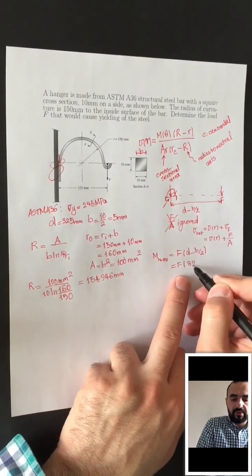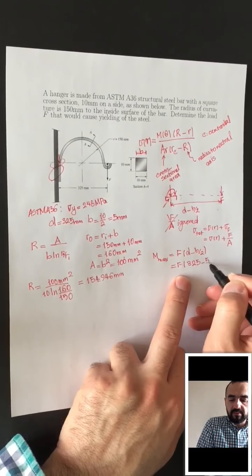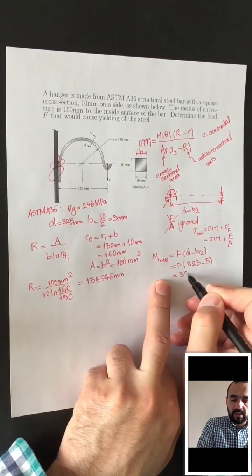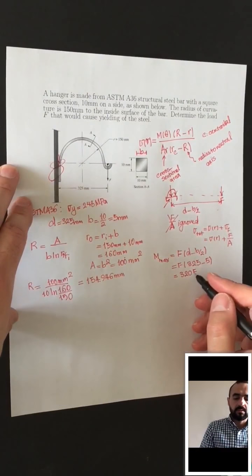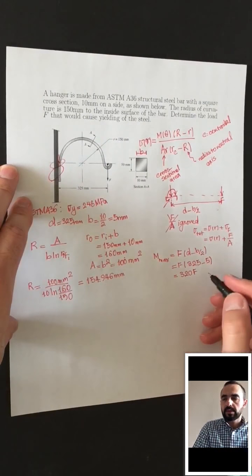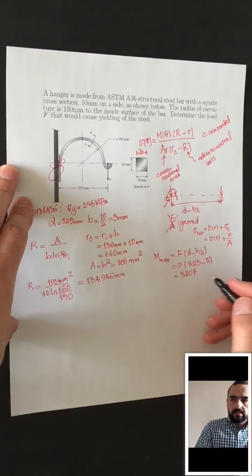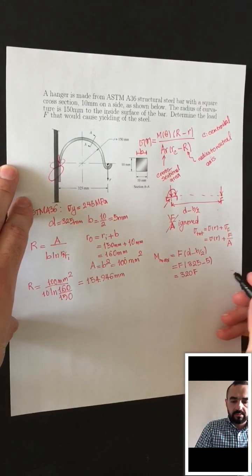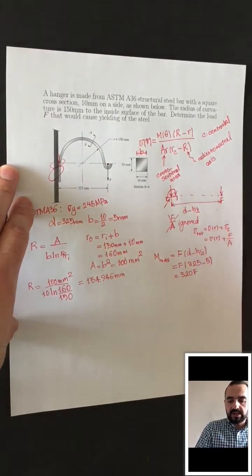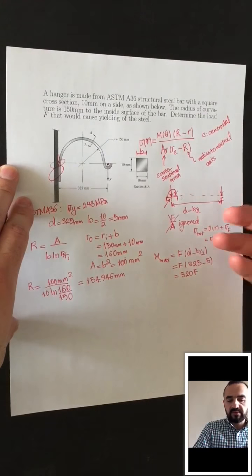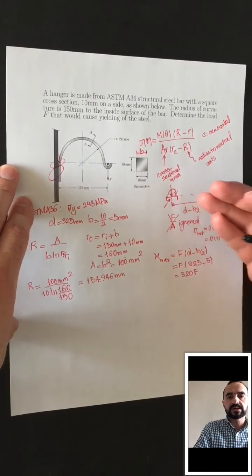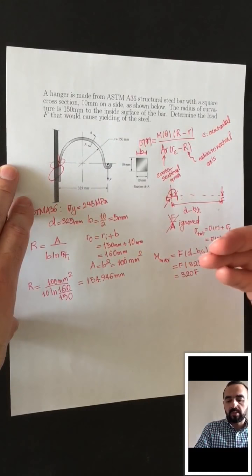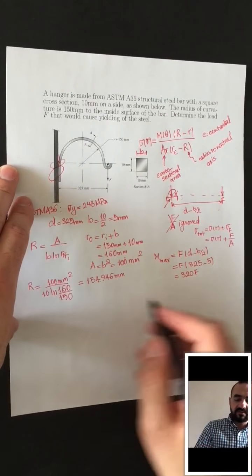So it's F times 325 minus 5, which is 320F. And you should note that because this coupling moment is clockwise, my convention is that I assume it's negative.